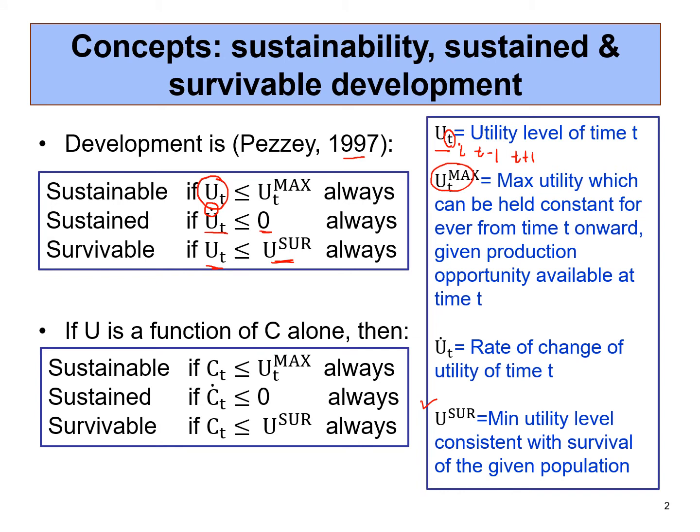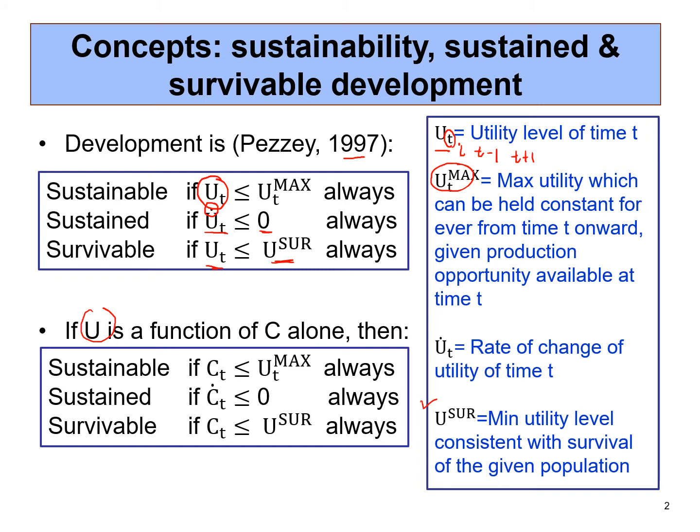For your information, our utility depends on so many variables, for instance our consumption and income and many other things as well. In other words, if our income increases, the utility should also increase. Let's assume that only consumption determines our utility.